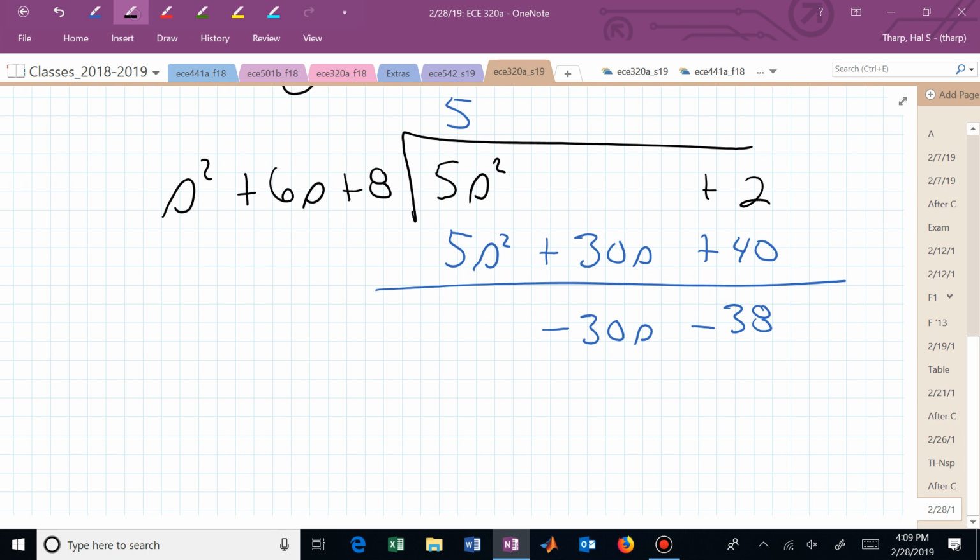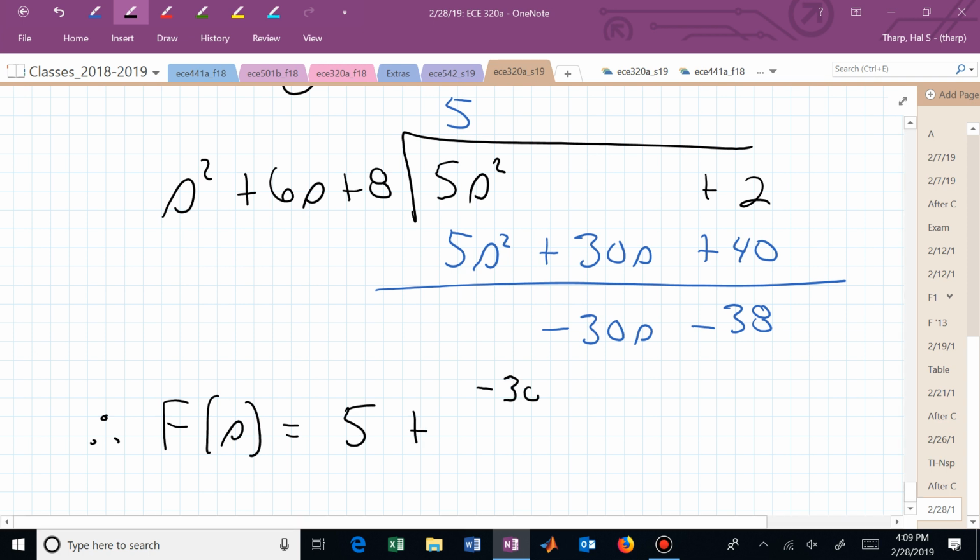Now we can rewrite our capital F of s, because we can stop dividing. Our remainder now has an order strictly less than the order of our denominator. F of s is now 5 plus the remainder over our denominator.